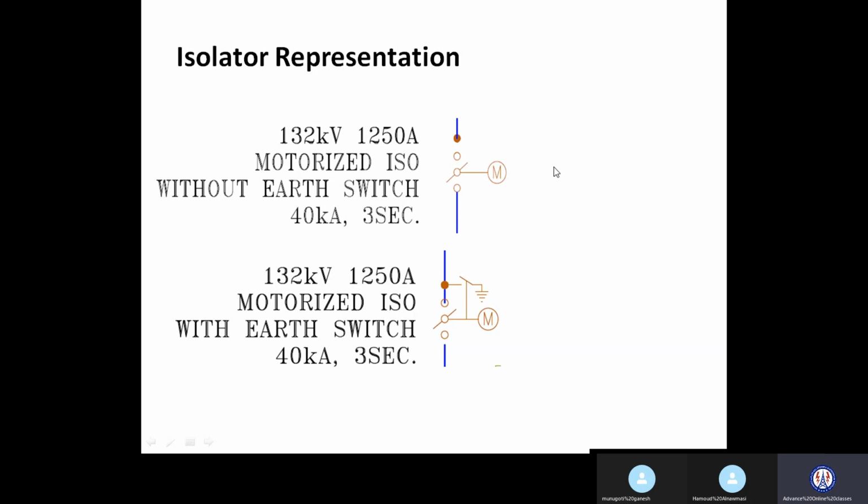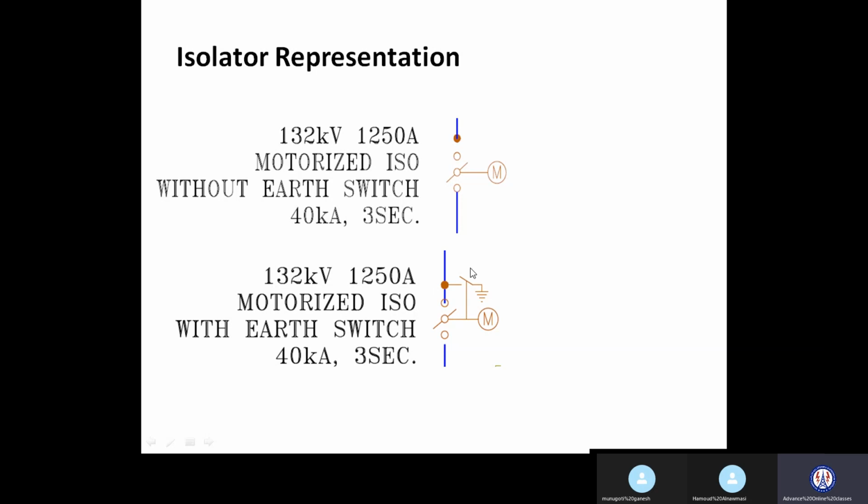If you see this isolator and this isolator, there is a difference. The difference is the earth switch. This isolator has no earth switch, and this isolator has an earth switch. So this type is called an isolator with earth switch, and this type is called an isolator without earth switch. Now the question is, what is the role of the earth switch?